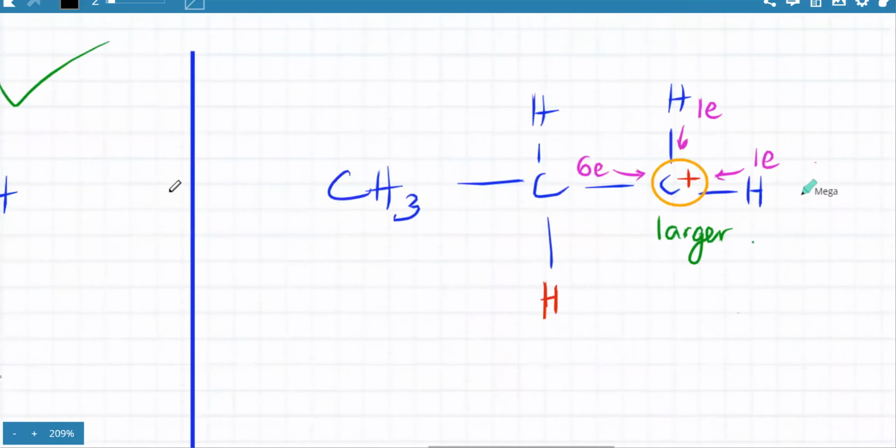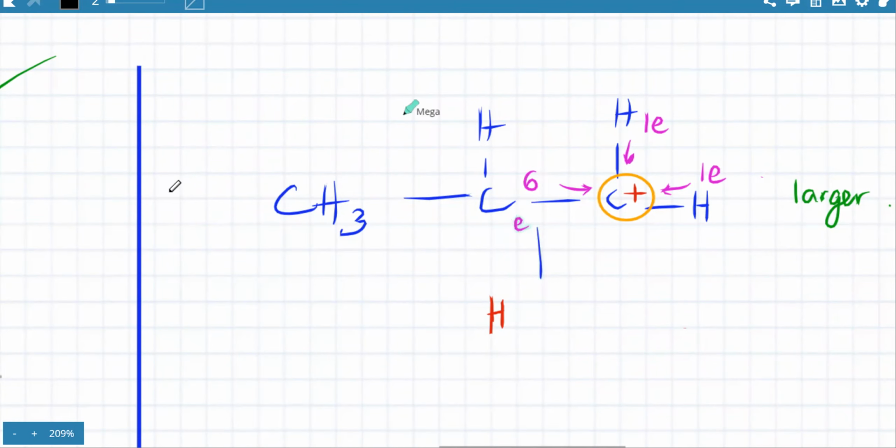Why did it get the positive charge in the first place? Because there was an H plus one that came along, roaming around, and that H plus one pulled its electrons from the double bond. Previously it didn't have a positive charge.